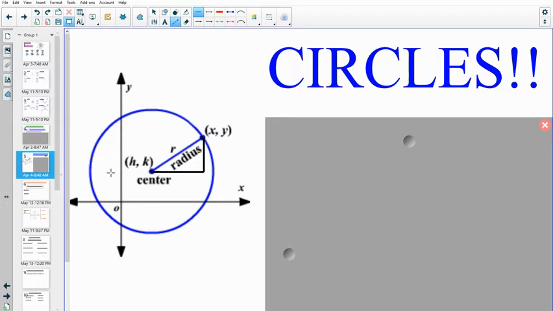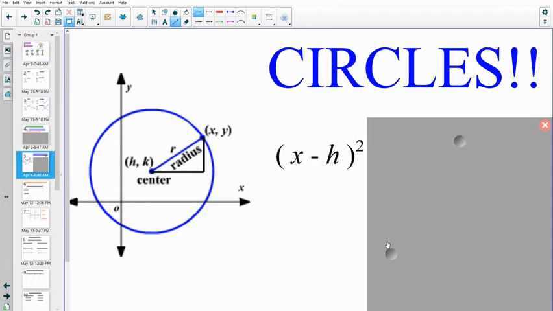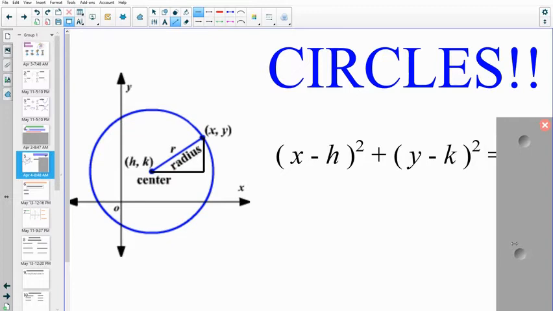And if I put it over here on this side, you might say that it's h minus x, but it's not going to matter because we're going to take whatever that distance is and square it. So if I say x minus h or h minus x, we're going to end up squaring that. It's not going to make a difference. I'm going to go with x minus h to say the distance from h to x. The other part of the Pythagorean theorem, the vertical section here, this is y minus k.